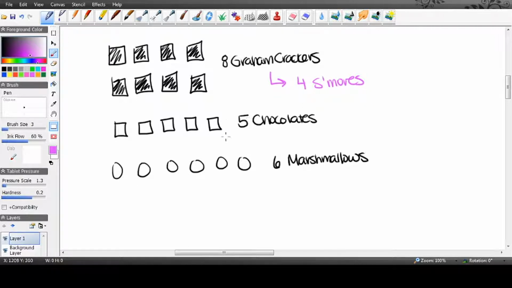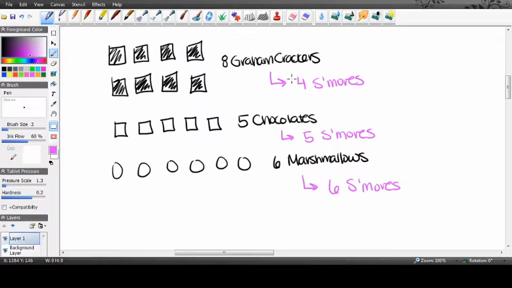And yeah, you're going to have some leftover chocolate and you're going to have some leftover marshmallows. Because if you had unlimited amounts of graham crackers and unlimited amounts of marshmallows, the chocolates would be able to make 5 s'mores. And the marshmallows would be able to make 6. Because those are only a 1-to-1 requirement in your recipe for a s'more.